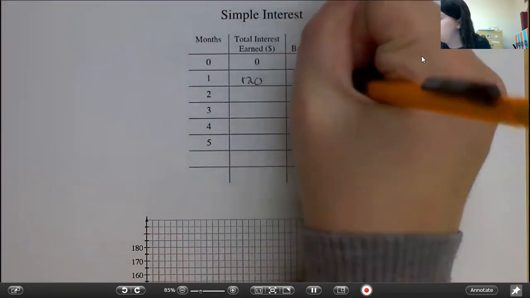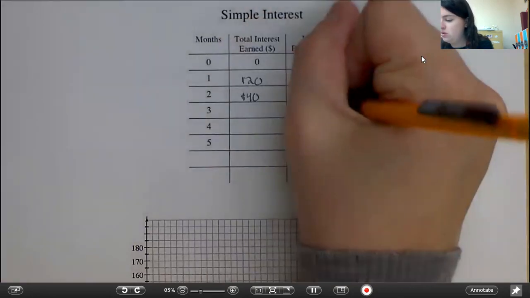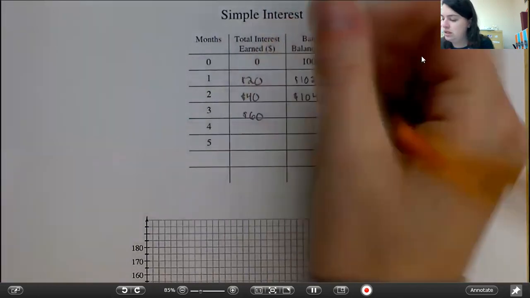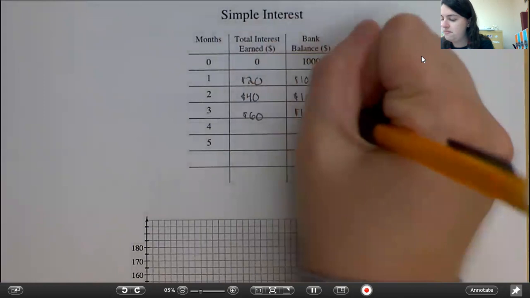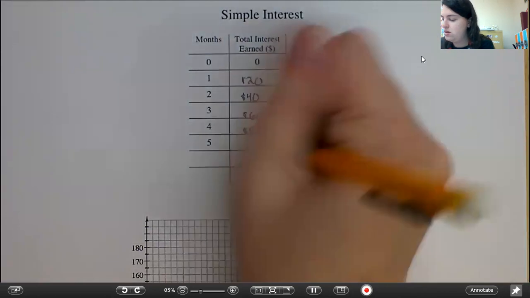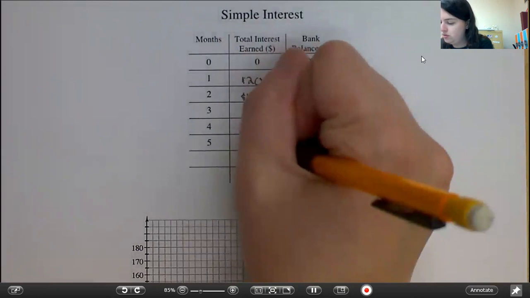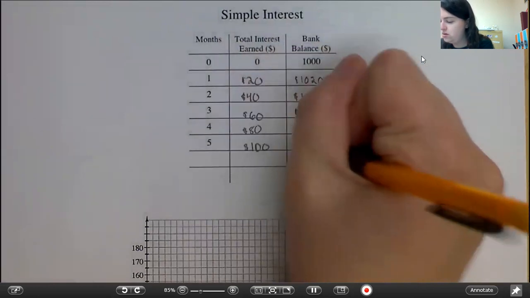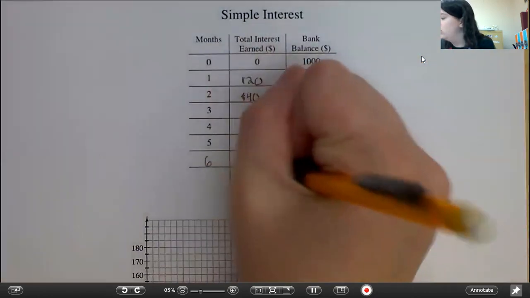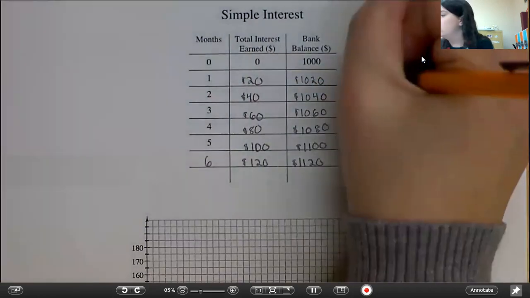So this would be 1,020. 2 months was $40 interest. 1,040. 60. 80. 100. And then 6 would have been 1,120.